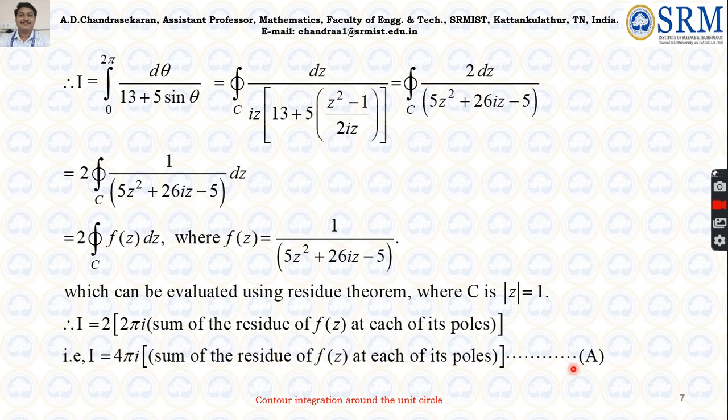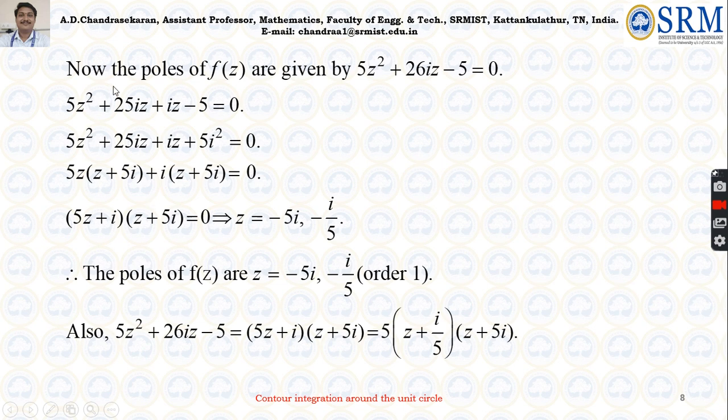Now find out the poles first, then the corresponding residue values. Let us see. The poles of the given f of z are given by the denominator term 5z squared plus 26iz minus 5 equals 0. So let us factorize this: 5z squared plus 25iz plus iz minus 5, because 26 becomes 25 plus 1.